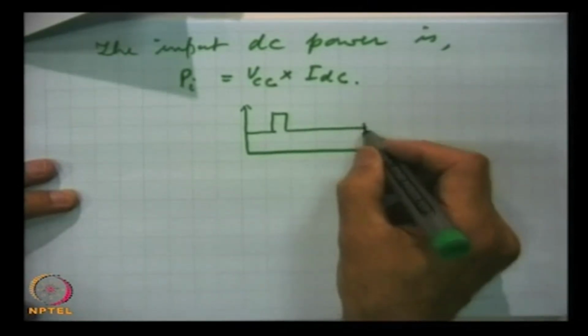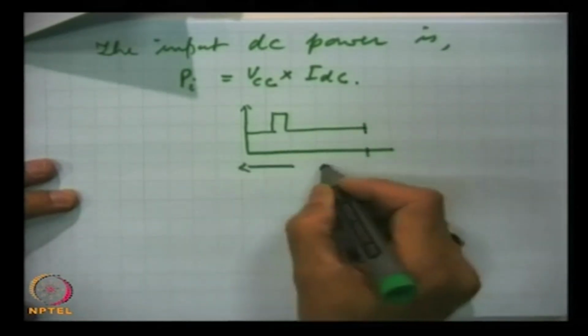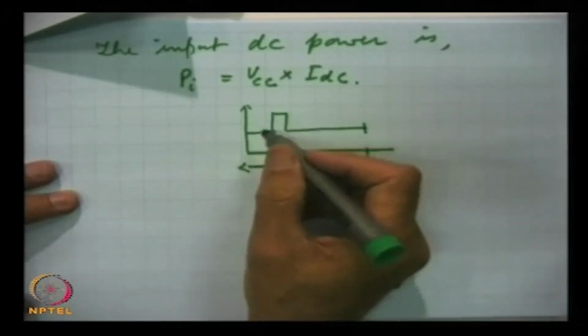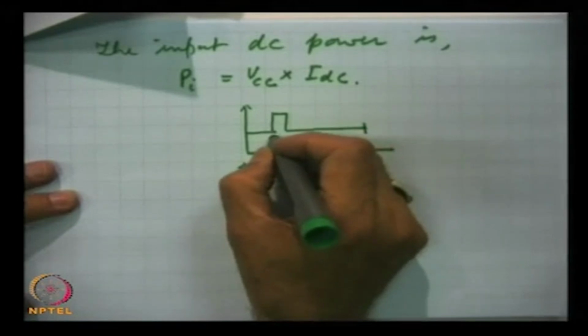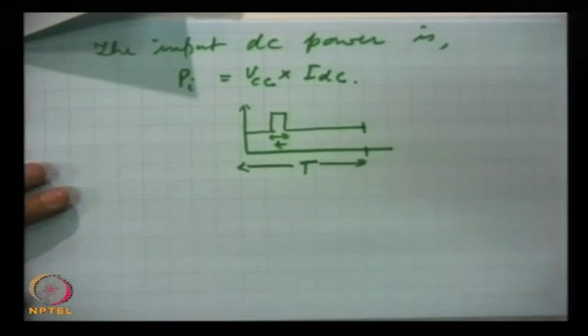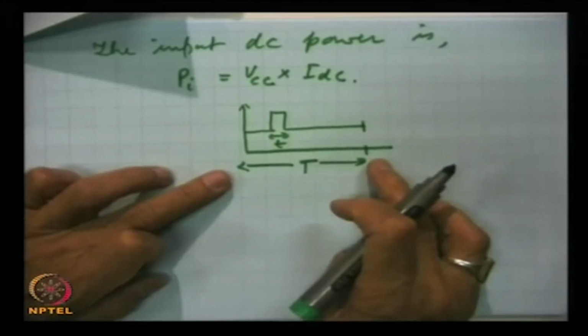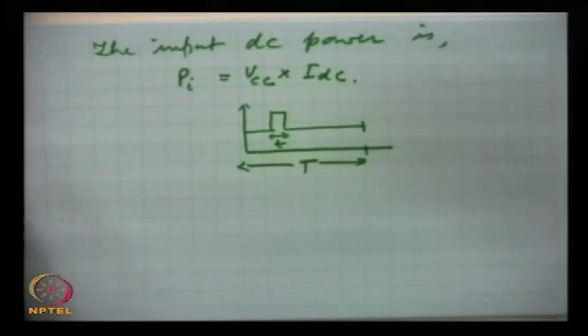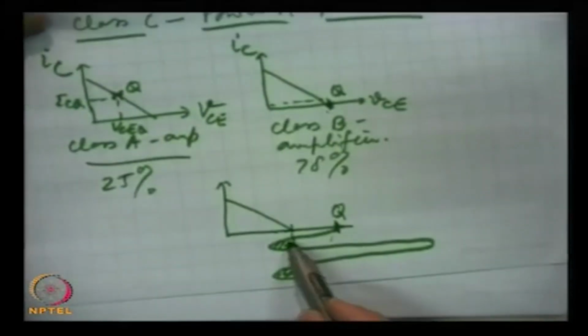This is, say, the total period T, and the collector current flows only for this much time t, and this is perfectly fine, because we have seen that collector current flows only for a very short period of the total signal.